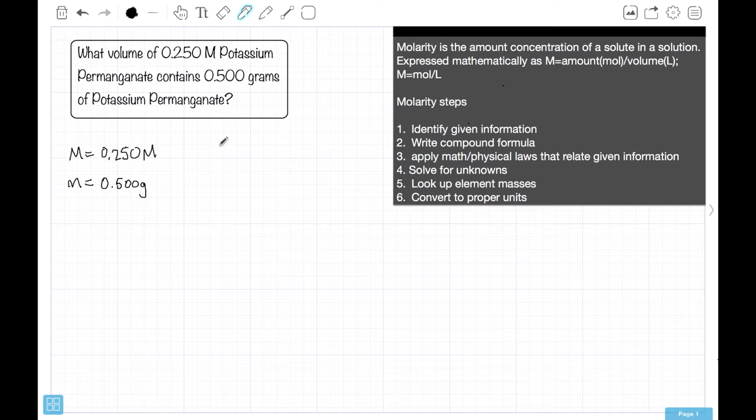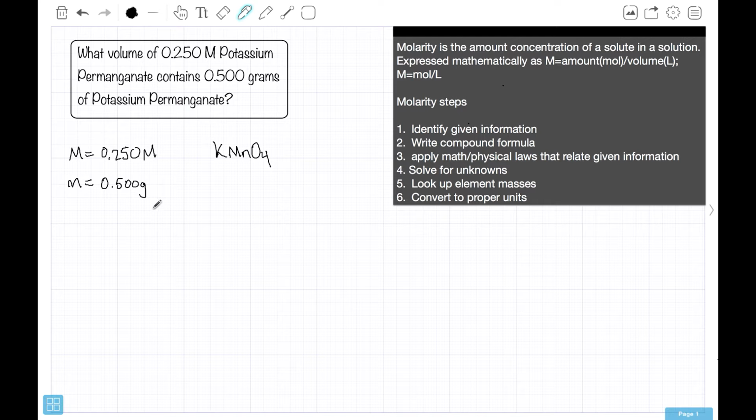So the compound formula for that is going to be KMnO4. Okay. And if you're unsure about the compound formula, check out my compound formula videos, because in order to do these sorts of problems where they don't explicitly give you the formula, then you have to be able to figure that out.